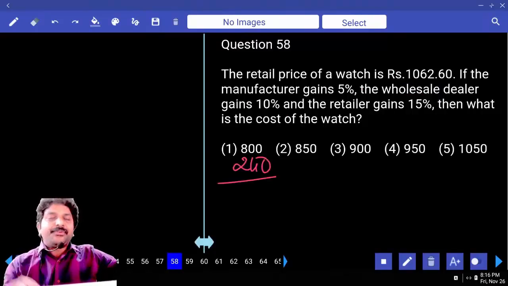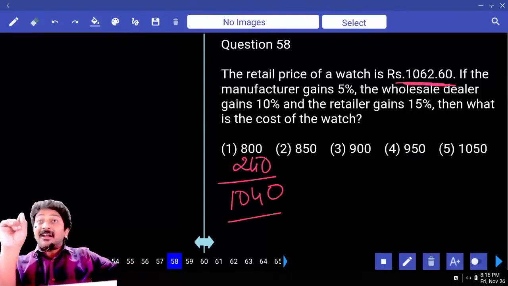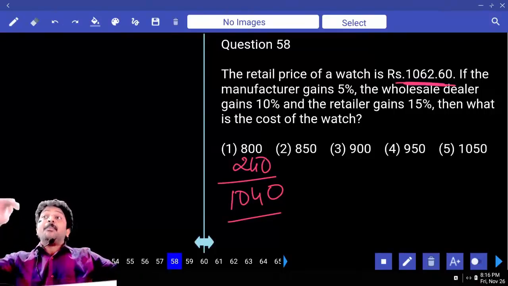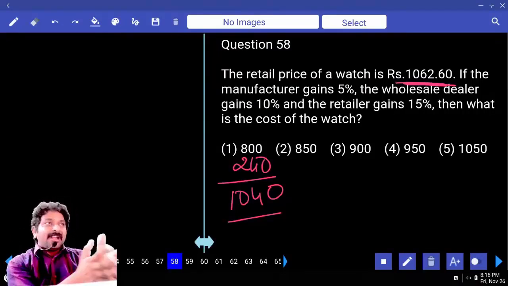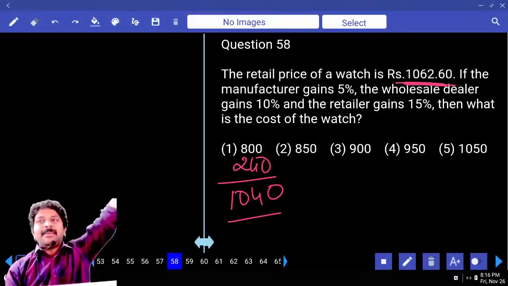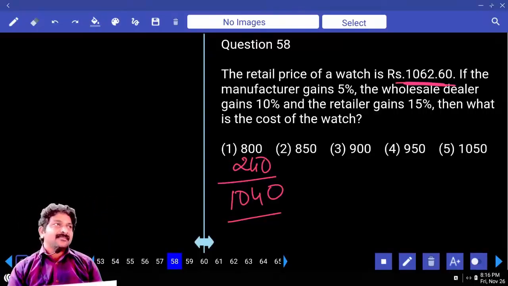If you add 240 profit, it is coming to 1040. Is that close to 1062? I already told you it is not 30%, should be more than 30. But we are taking it as 30 and trying to identify the answer. Am I right? If you add 30%, is that coming close to 1062? That is my final answer.